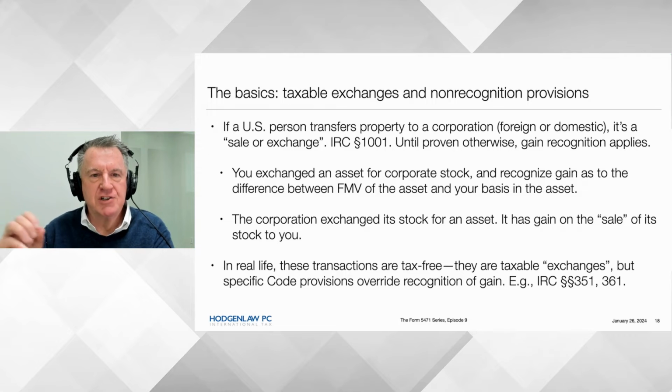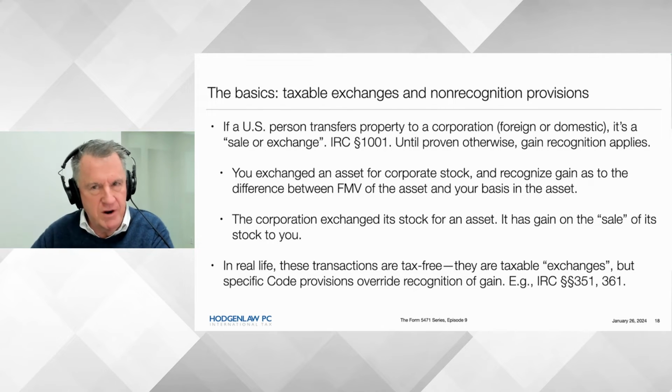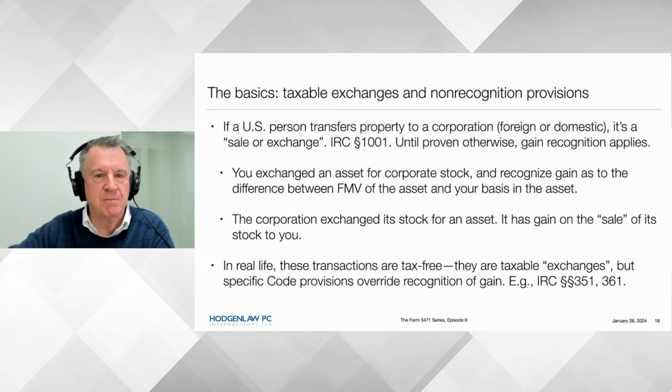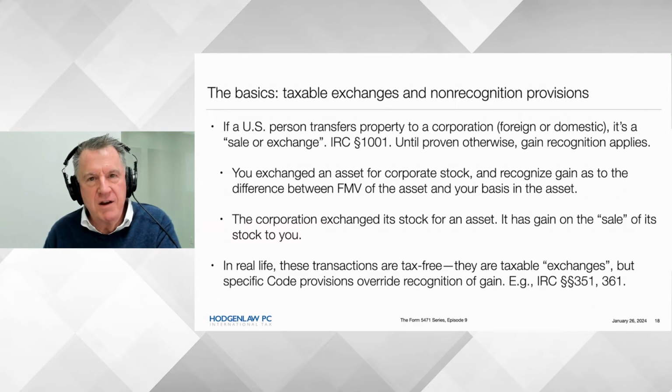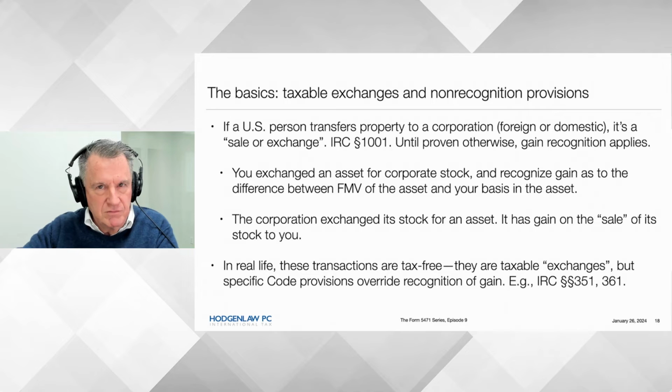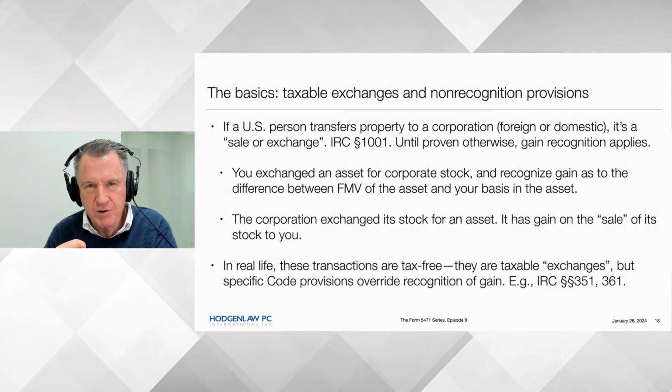So you have an exchange, some kind of exchange. And the outbound one I'm going to show you is going to be a classic Section 351 transaction capitalizing a corporation. So on the one hand, I'm saying I'm going to transfer this asset to a CFC, me, and I'm going to get shares. Well, that's an exchange. I lost ownership of an asset and I gained ownership of a new asset, shares of stock of the CFC.